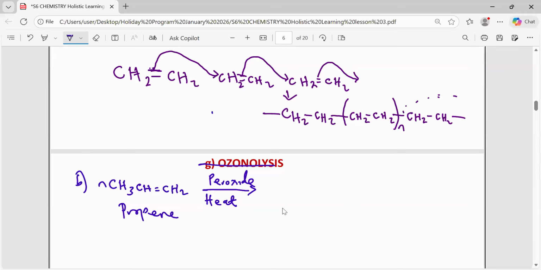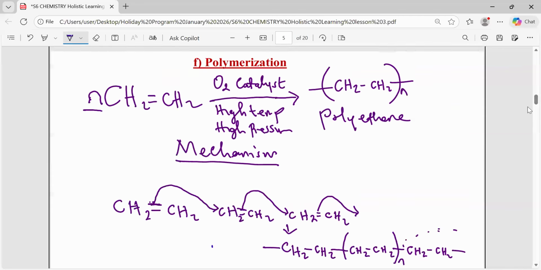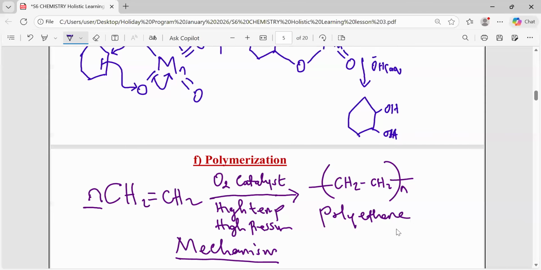So when you're forming the product, it becomes polypropene. Even this side, it was polyethene, not ethane, because our initial was ethene. So it combined a number of ethene molecules to form polyethene.